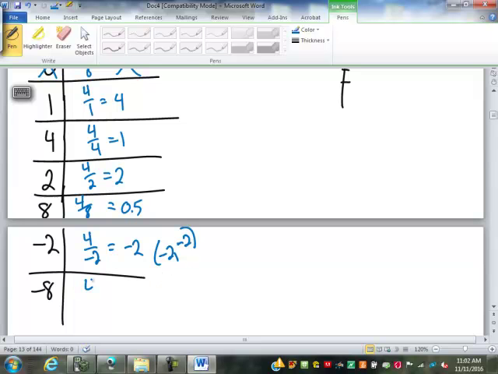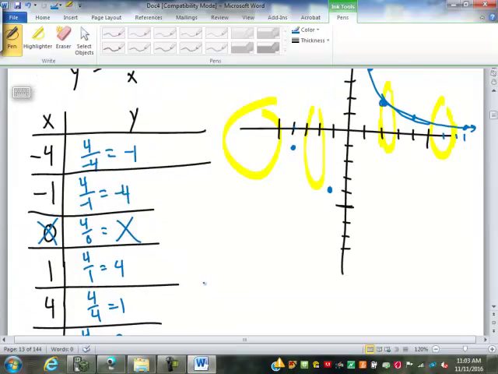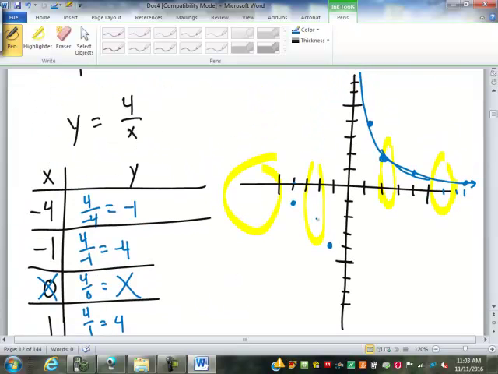If x were -8, it would be 4 divided by -8, or -1/2, or -0.5. So that's -8 and -0.5. So we'll plot those. We had -2, -2 right there, and -8, -0.5. So we get curves like this.